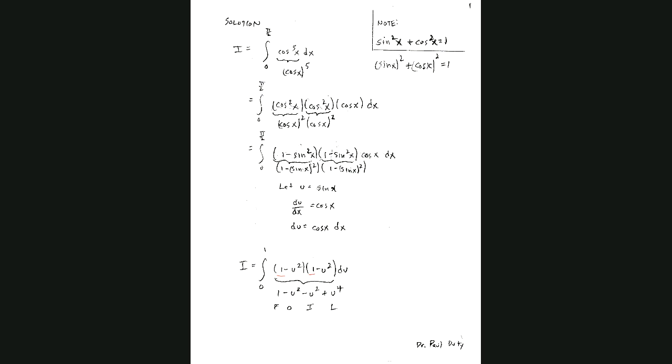All right. So we're going to combine these like terms, negative u squared and negative u squared. And now this is like a calculus 1 antiderivative. The antiderivative of 1 minus 2u squared plus u to the fourth, that's the antiderivative of a polynomial. So that's calculus 1. And you just finish out the problem.